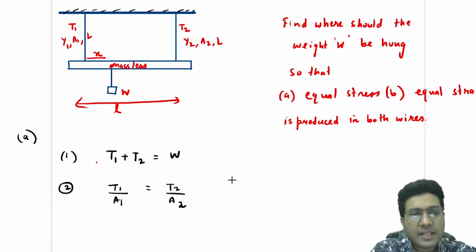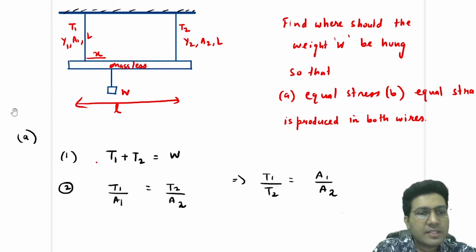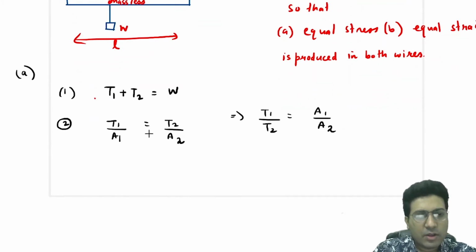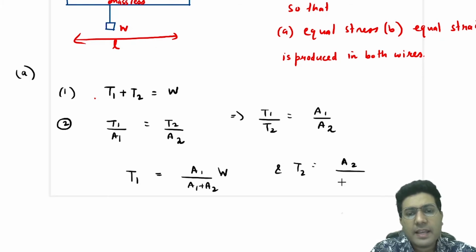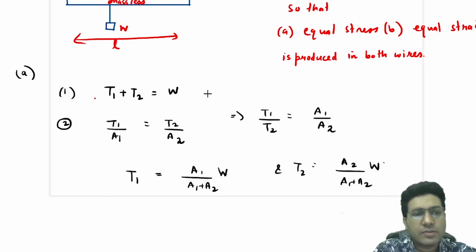So from this you will get T1 by T2 is equal to A1 by A2. But T1 plus T2 is W. So when you solve these two equations, you will get T1 is equal to A1 by (A1 plus A2) into W, and T2 is equal to A2 by (A1 plus A2) into W.